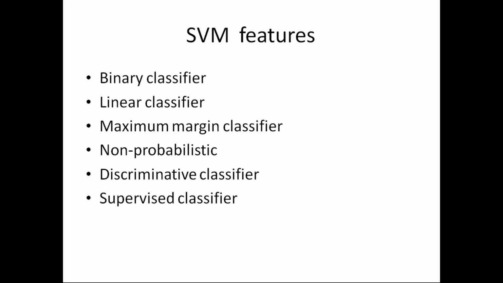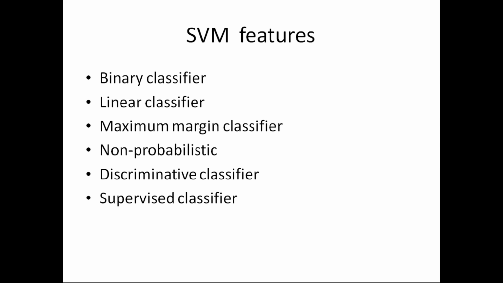Non-probabilistic, yes. SVM, like KNN, decision tree, random forest, none of them are probabilistic. Similarly, SVM is also not probabilistic. It just says either class A or class B. You should understand what a discrete classifier is and what a probabilistic classifier is.